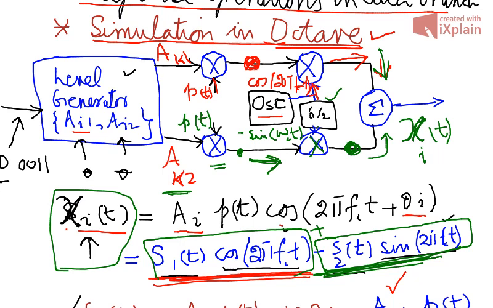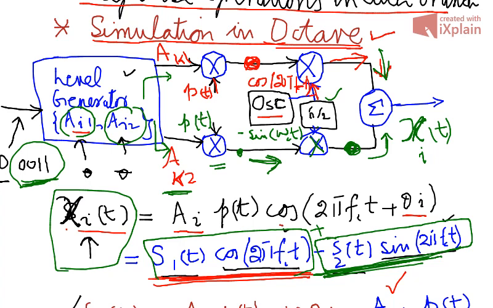Now you can just try this for the second symbol as well. The level generator will choose a different a_i based on this data, and the same process happens. You have to generate S1 of t and S2 of t.